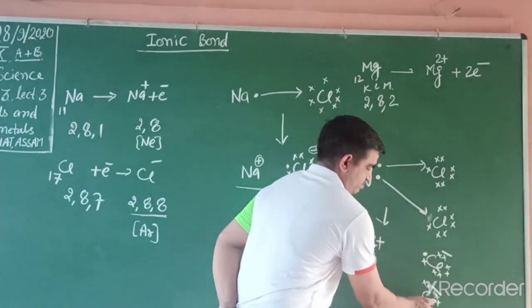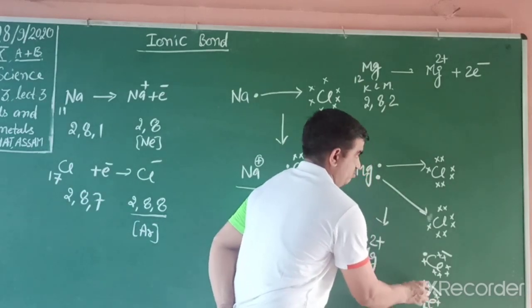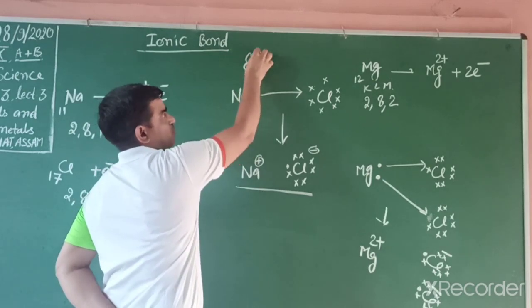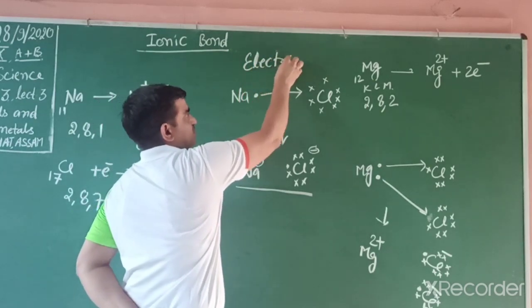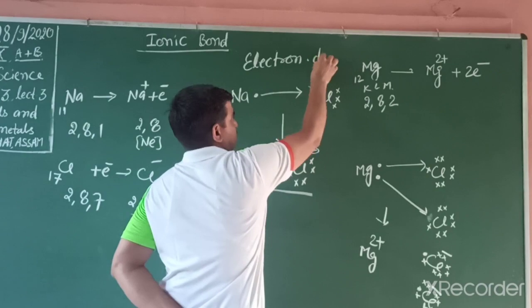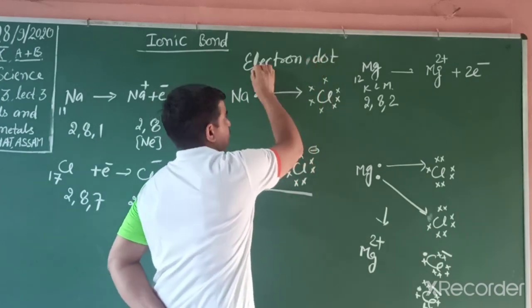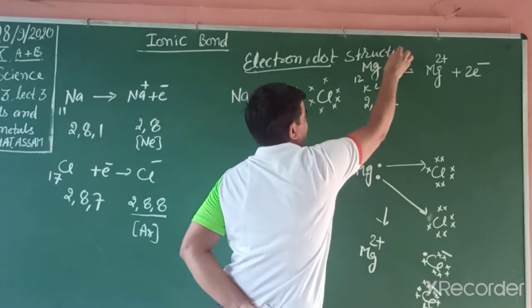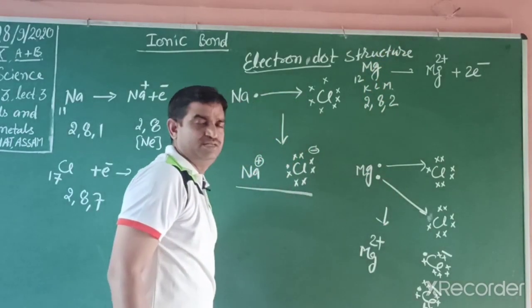So in this way we can represent the electron dot structure. These structures are known as electron dot structures. Why?